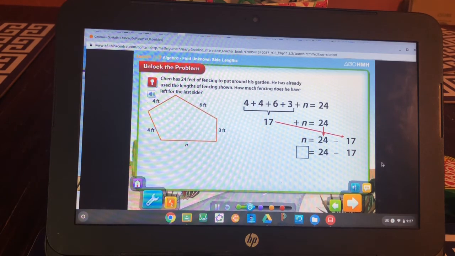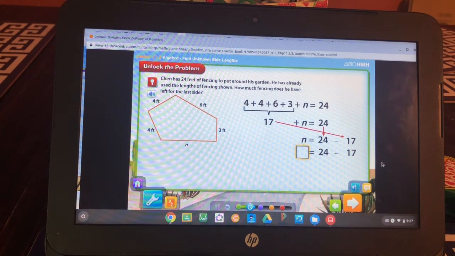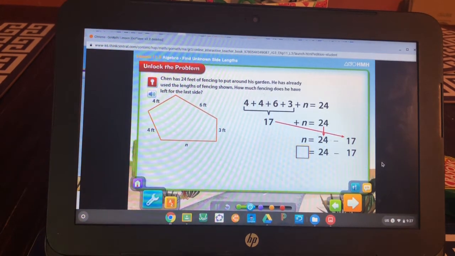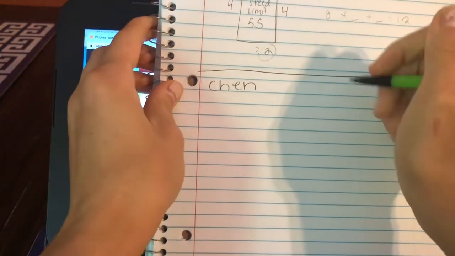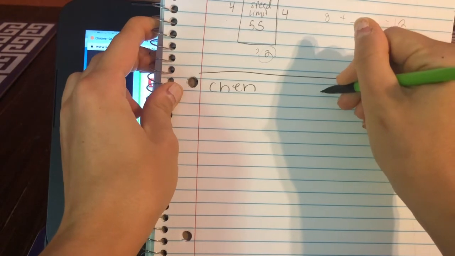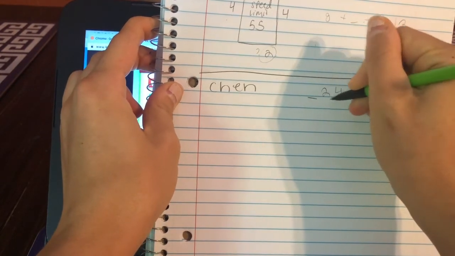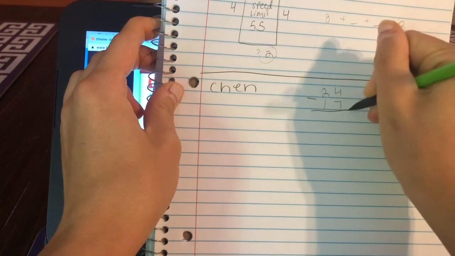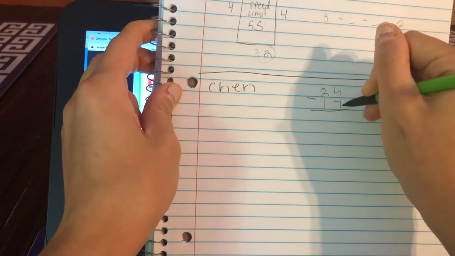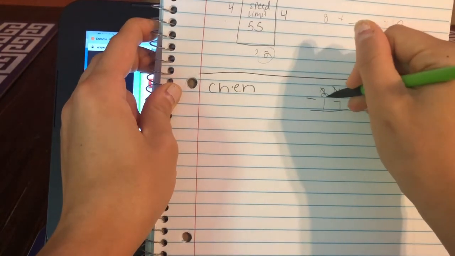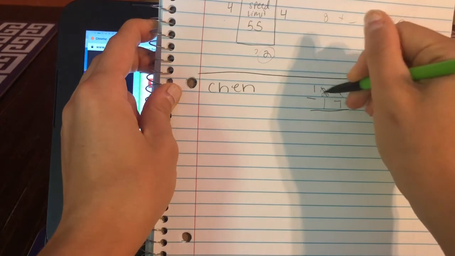What's 24 minus 17? We can solve it on our paper. 24 minus 17. 4 is less than 7, so I need to cross out my 4 and break apart this group of 10.